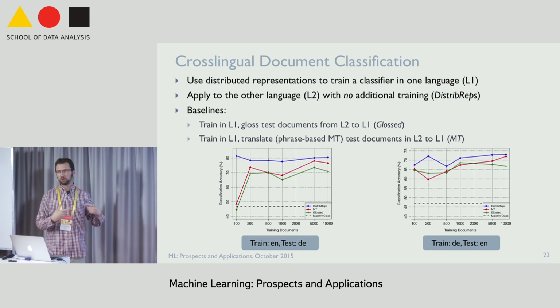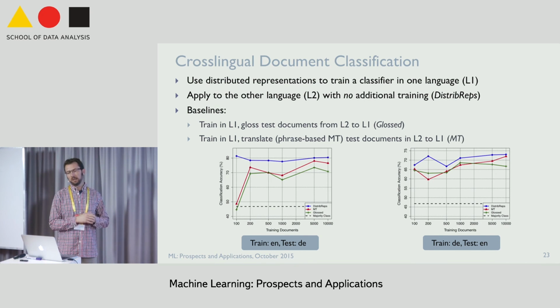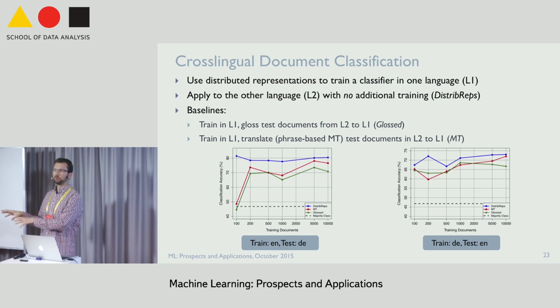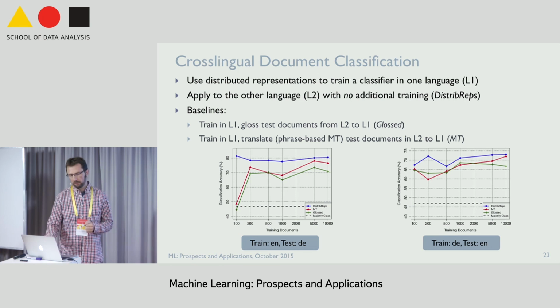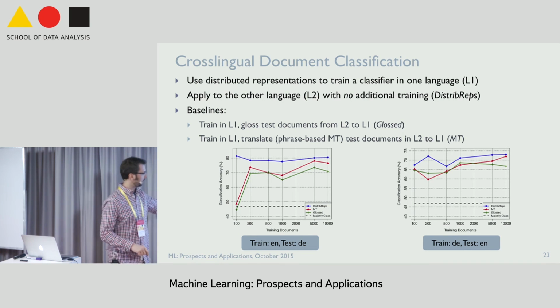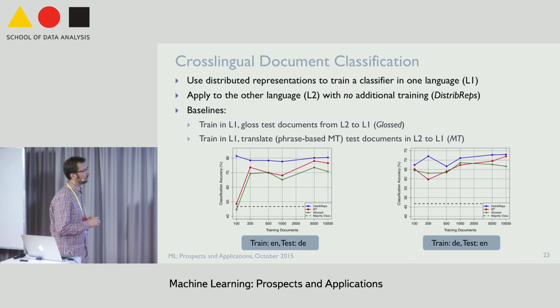We'll train a simple classifier to decide between 4 categories of these documents in language 1, and then we'll take that classifier and apply it directly, with no training data, on the same feature space in language 2. So that's the blue line as a function of number of training examples.